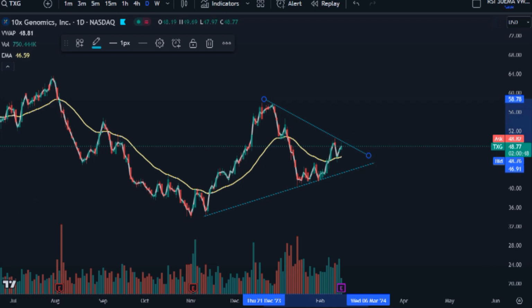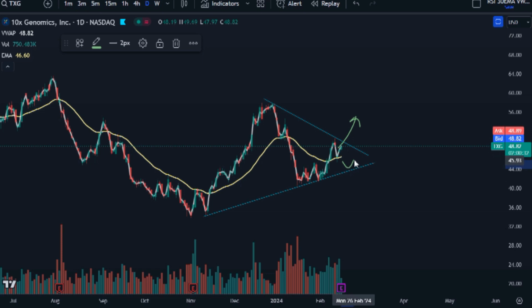Now if this is the resistance line at the top, if it pierces through the resistance line, it will continue on an upward movement. Now, if it continues downwards, it might bounce off of this support line. And then back, and you can see that the gap becomes narrower and narrower. So it's becoming to the point that it's either going to go up or down.